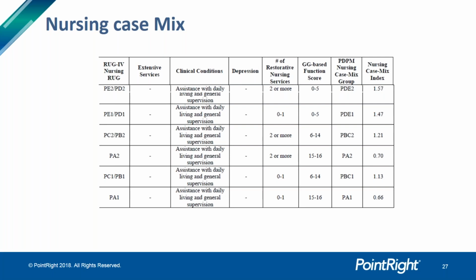And in the other categories here, we see restorative nursing as well. So 25 nursing case mix categories based on the condition of how folks are in your center, the presence of depression, the use of restorative nursing, and your functional status on admission.